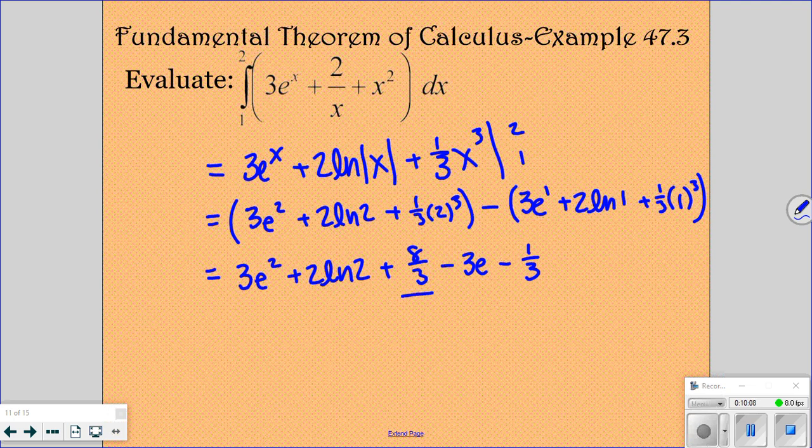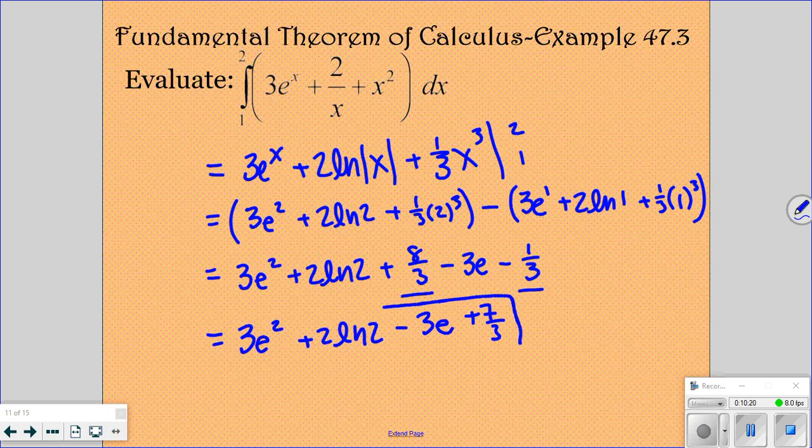The only two that can be combined are these two, so we end up with 3e squared plus 2 ln of 2 minus 3e, and then plus 7/3. And so that's your answer there. And again, you can get a decimal, but there's really no reason to plug it into your calculator because you've got your answer already. So that's how you do fundamental theorem of calculus. That's what it's telling you to do.